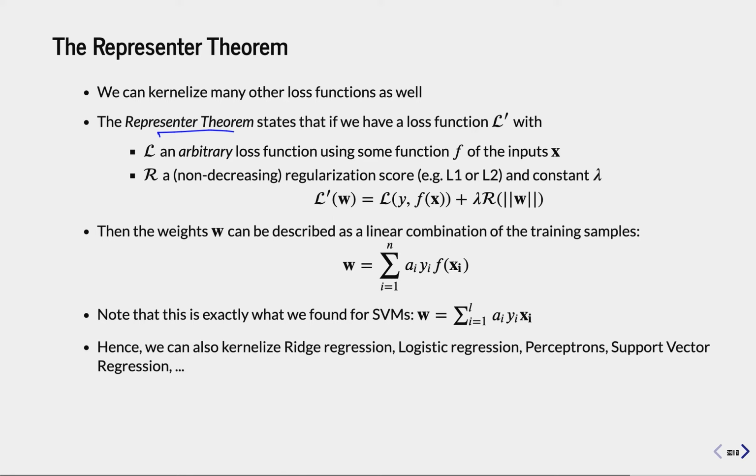It says that if you have a loss function of this shape, which is the sum of any arbitrary loss function using any function of our inputs x, plus a regularizing term, which has to be non-decreasing, this could be like L1 or L2 or something else, and a constant lambda, our regularization coefficient, then the optimal weights can be described as a linear combination of your training samples.